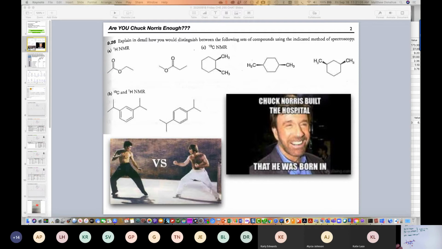What about hydrogens? How many unique sets of hydrogens does that one have?